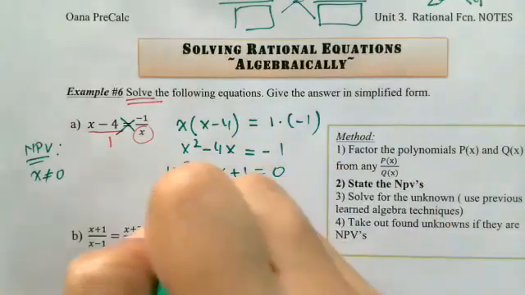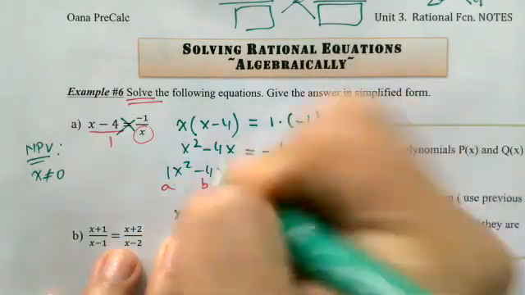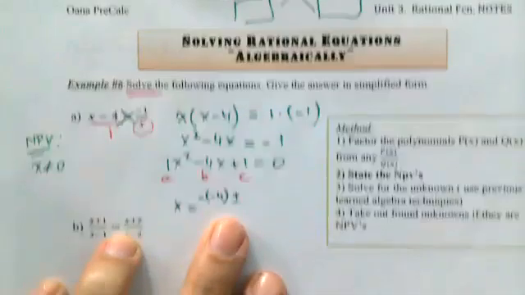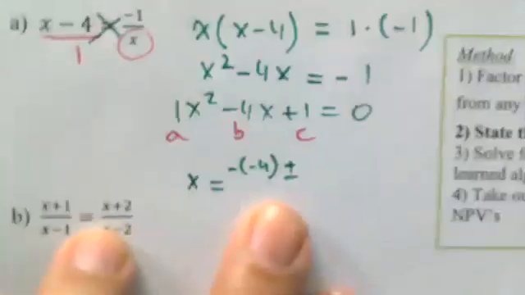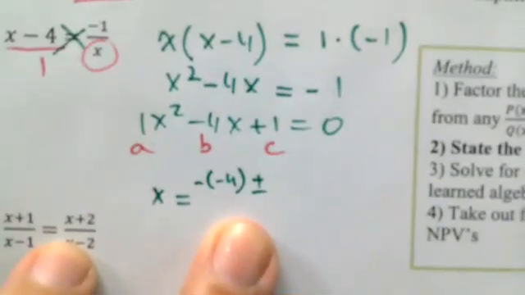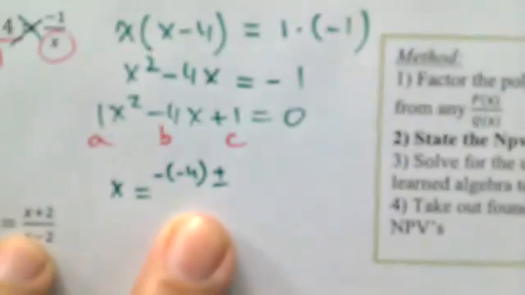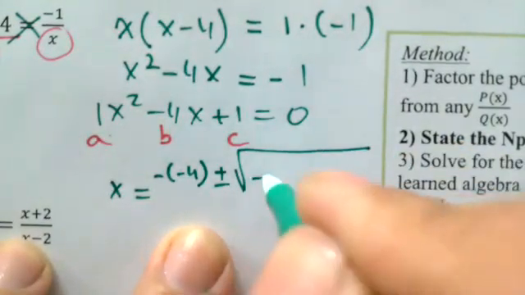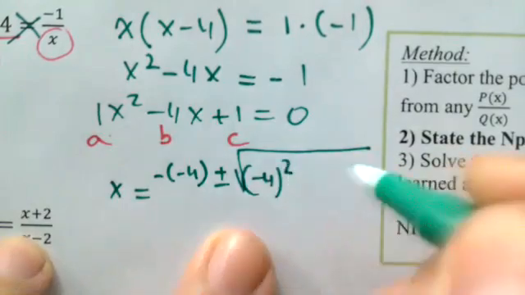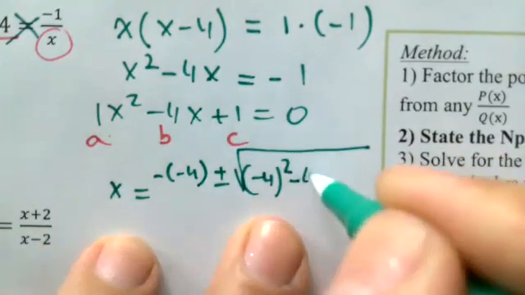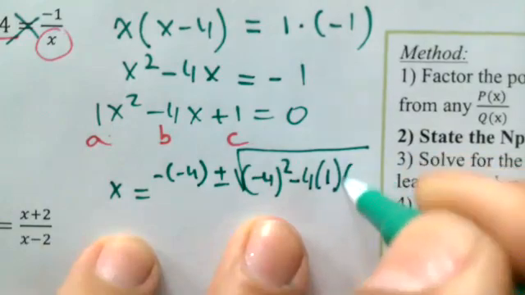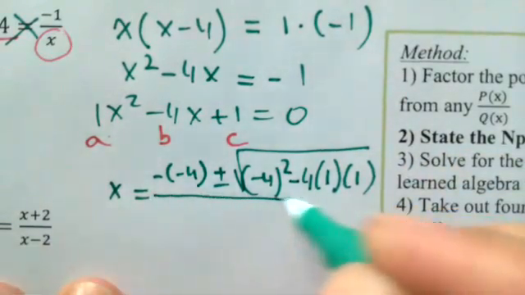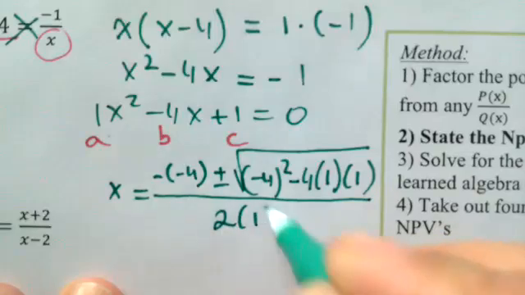So X equals -B plus minus square root of B squared minus 4 times A times C, everything divided by 2A.